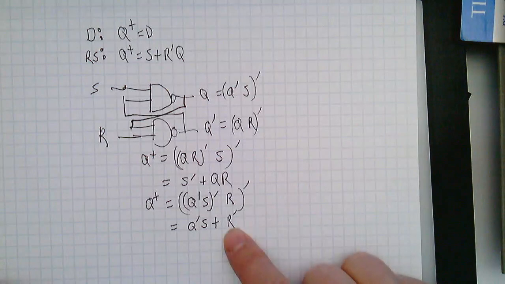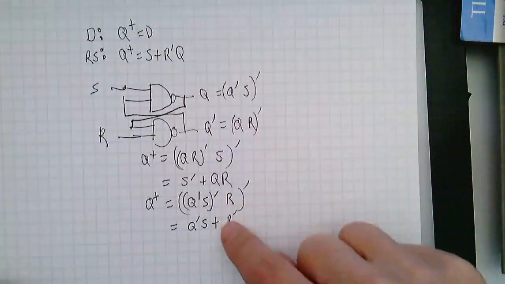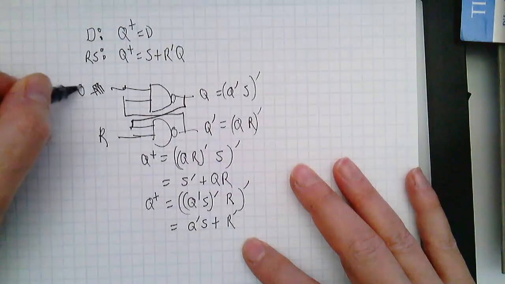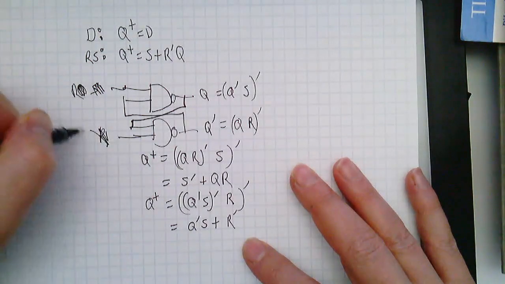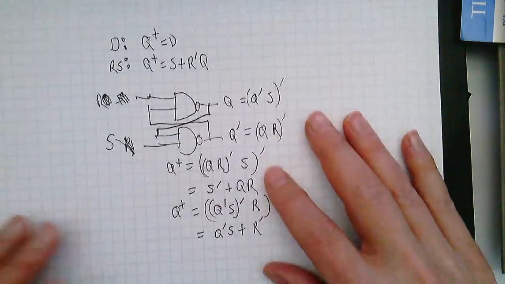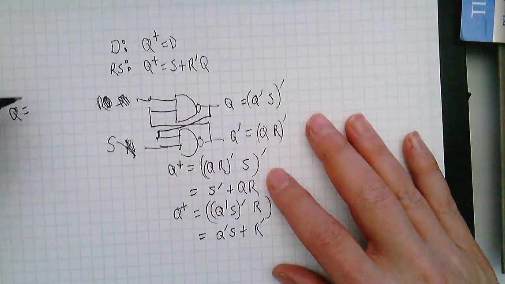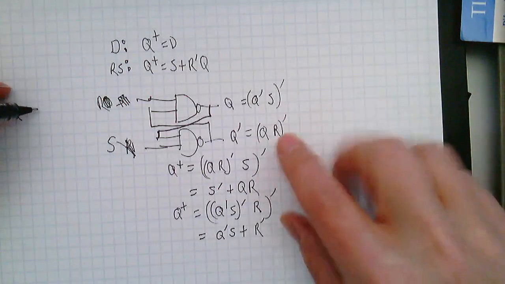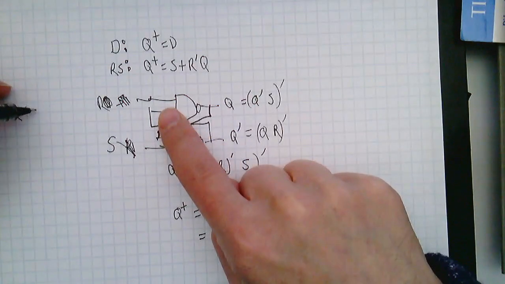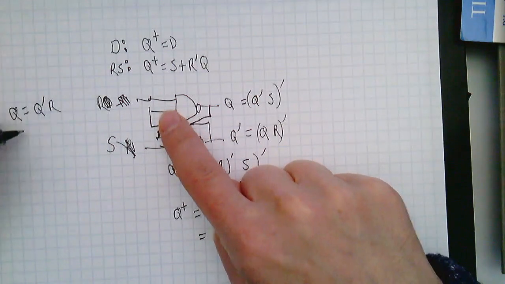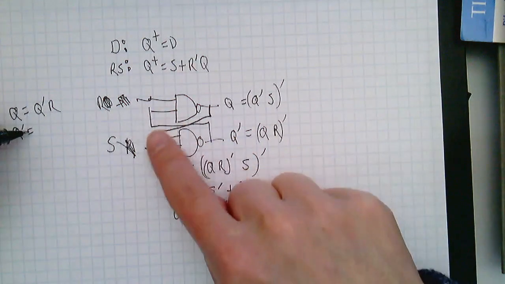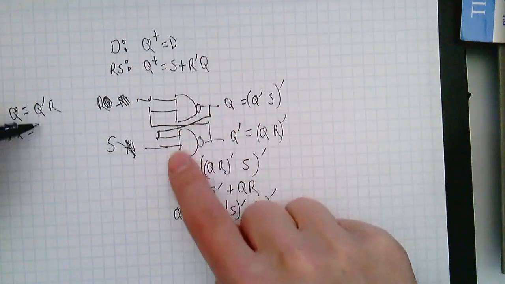So this kind of looks like that, but there's a difference, right? What if what we did was we wrote it wrong? What if we wrote R and S over in here? Then what would happen? Then Q must be equal to, let's see now, that's going to be Q prime R. And then Q prime is going to be equal to SQ.